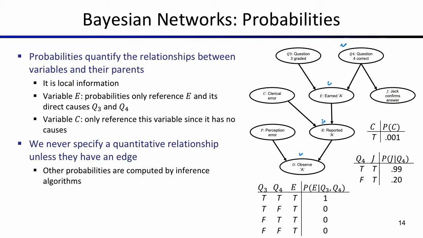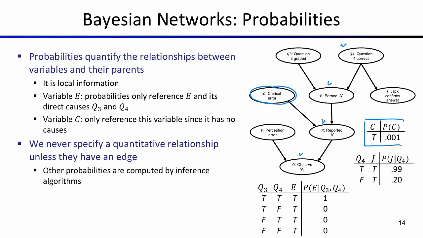So for instance, we may have a node that has no parent. So this is one example, the clerical error. So the variable C, the probability that is associated to that node is this one. And we are saying that in this example, the variables are only binary, so they are only true or false.